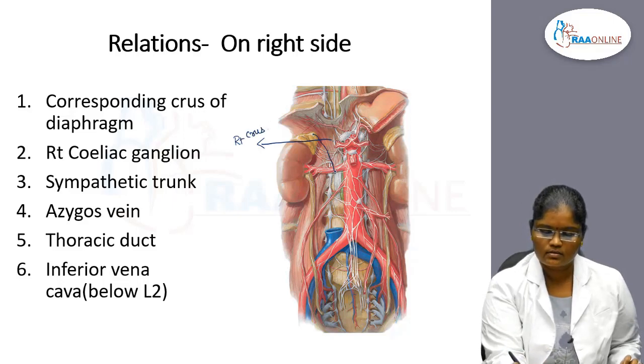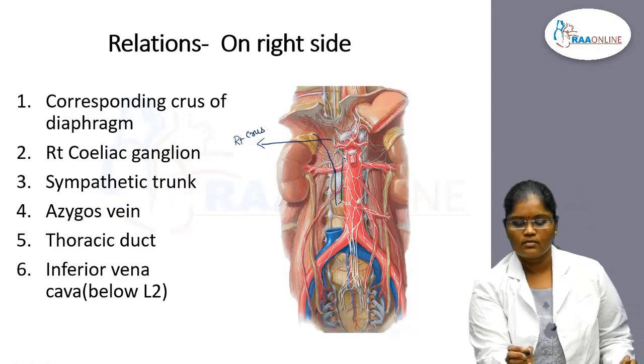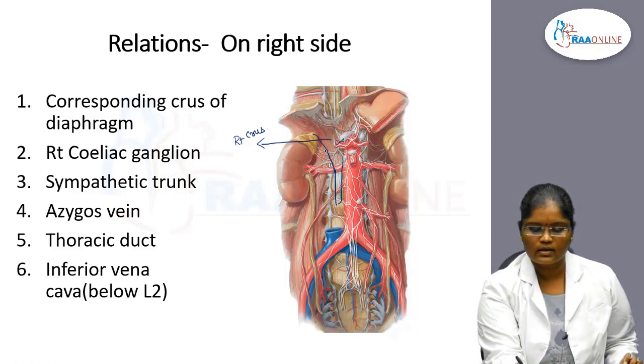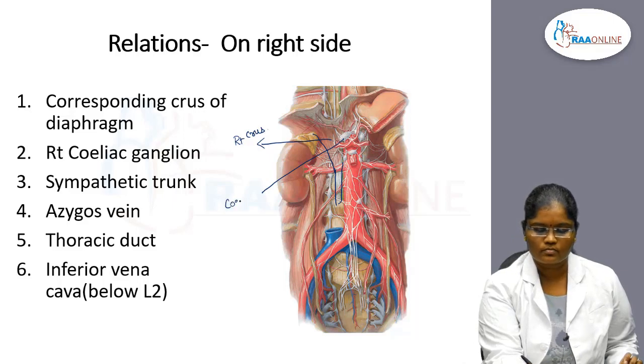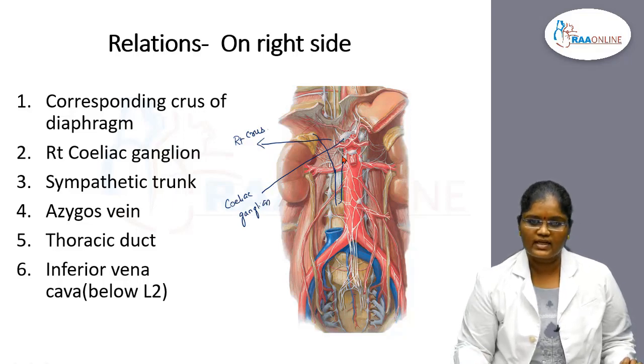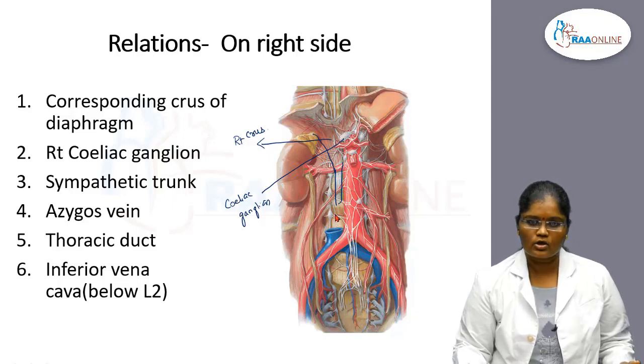You can see the shape of the right crus of the diaphragm, and then the right celiac ganglion, the sympathetic chain. This is the right sympathetic chain with the ganglia.